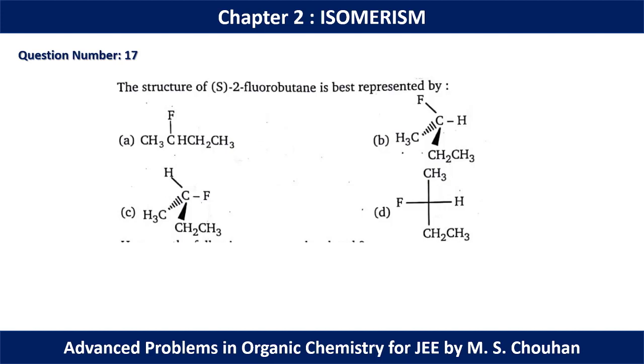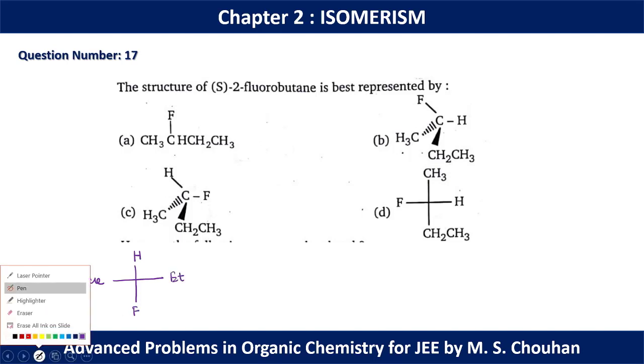In question number 17, the structure of S-2-fluorobutane is represented by... So if we see the third molecule, the molecule in option C, and draw the Fischer projection, the Fischer projection will look like this: hydrogen, methyl, ethyl and fluorine.